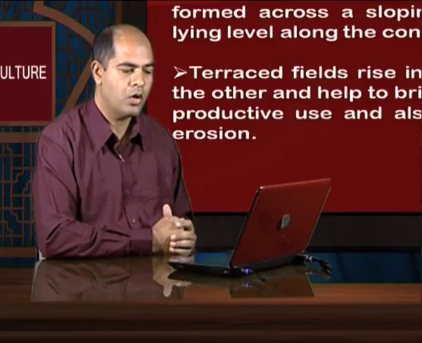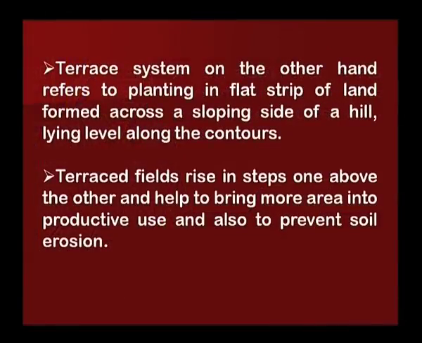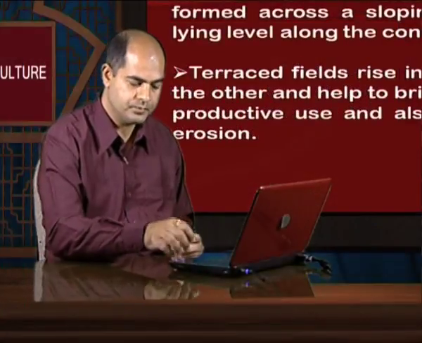The terrace system, on the other hand, refers to planting in flat strips of land formed across a sloping side of a hill lying level along the contours. Terraced fields rise in steps one above the other and help to bring more area into productive use and also to prevent soil erosion.